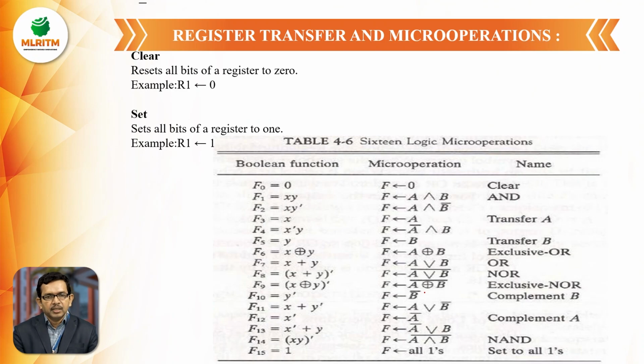Next, the fifth operation which we are going to perform among the logical operations is clear. So how do we clear the data which is present in the register? Suppose register R3 contains some n number of bits, and I want to transfer the data from R4 to R3. Then R3 should be clear.